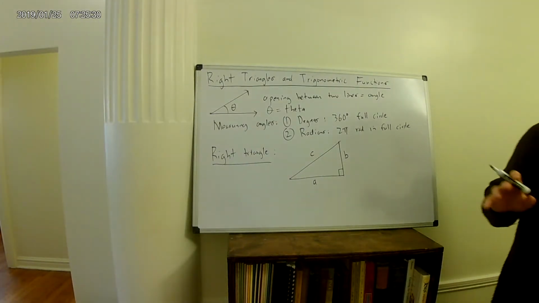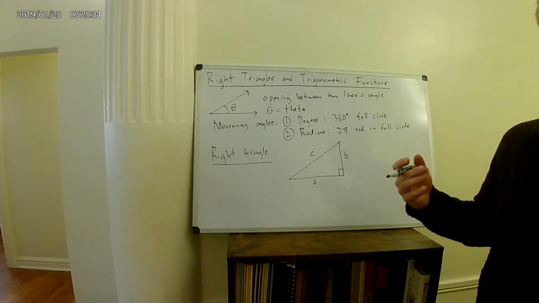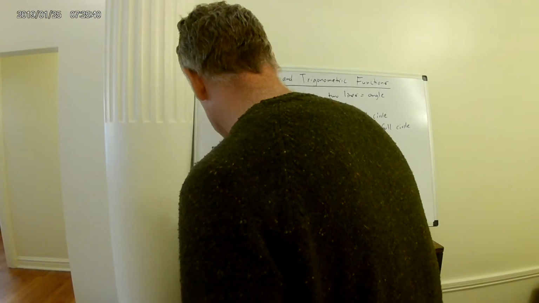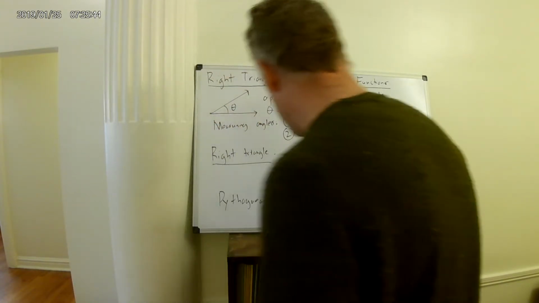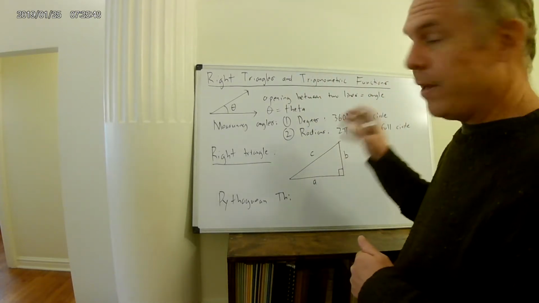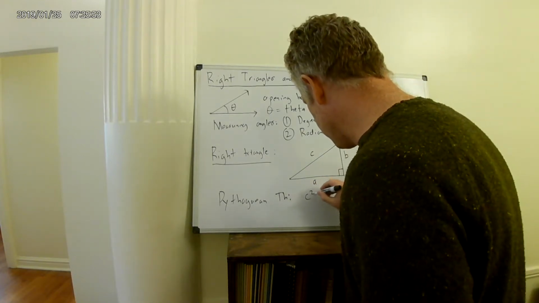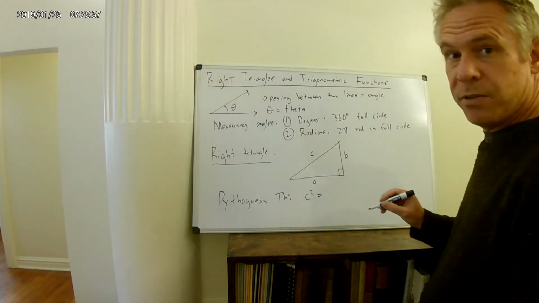Now, right triangles are a special type of triangle, and when you have a right triangle, there's a theorem that relates the lengths of the sides, and I'm sure you've heard of that. It's called the Pythagorean Theorem. This long side of a right triangle is called the hypotenuse. The Pythagorean Theorem says that the square of the hypotenuse is equal to the sum of the squares of the other two sides.